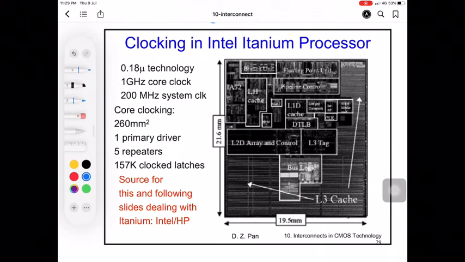So here is the cache. Here is the array control, and there are 5 repeaters needed and 157K clock latches. So all these latches have to be controlled by the same clock.